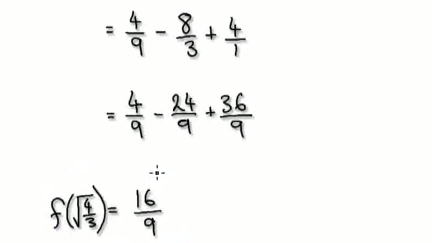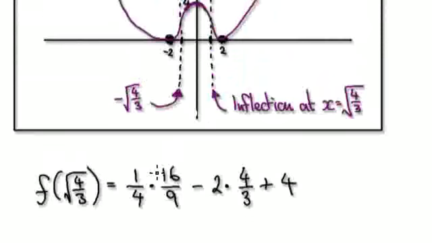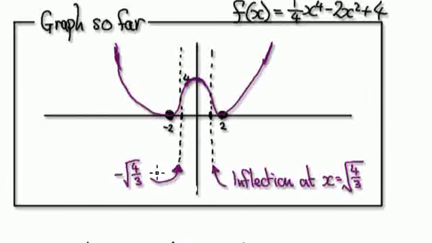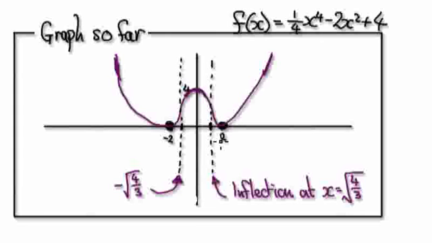Okay. So what that means is that we know the point of inflection lies somewhere along this line here. But now we know the value here.